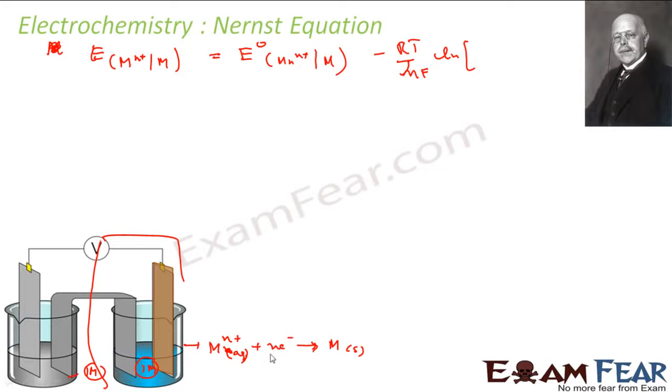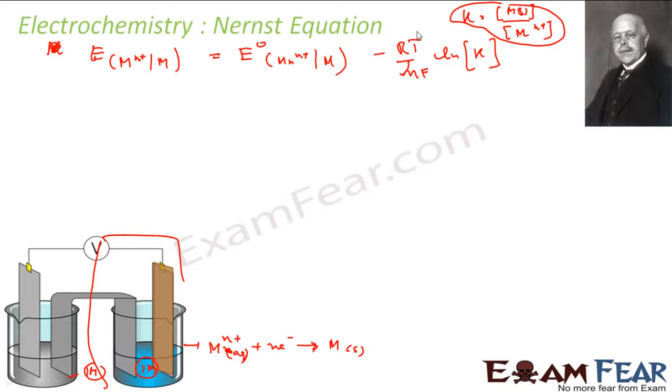K is something we know: it is the concentration of M, which is solid, by the concentration of M^n+ ions. That is the equilibrium constant.